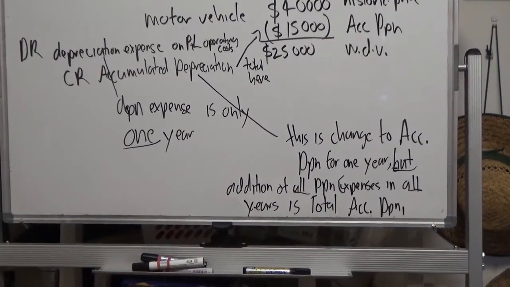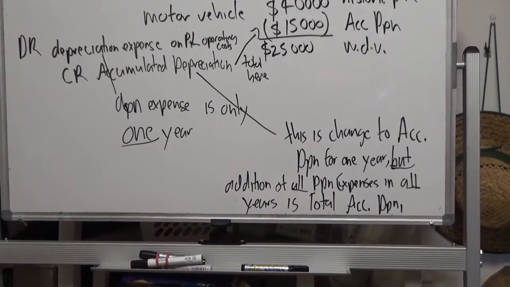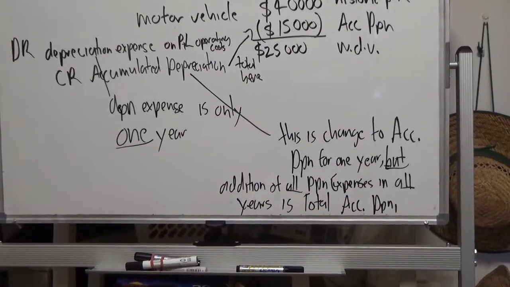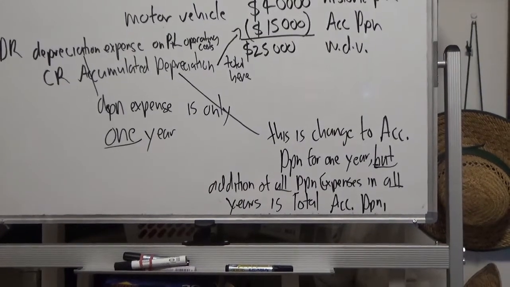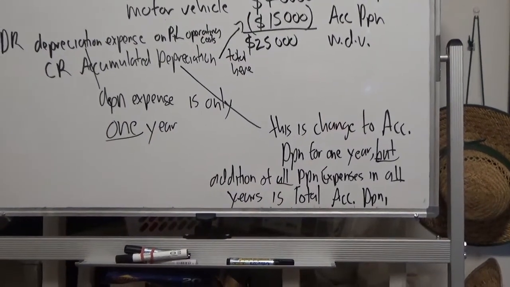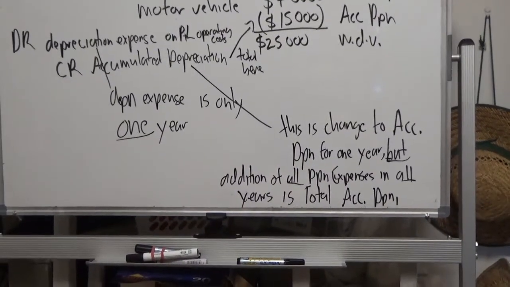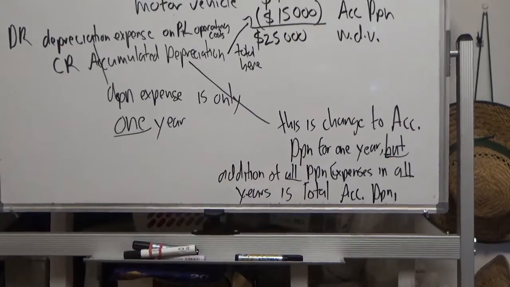Now each year you debit depreciation expense. Depreciation expense is a type of expense, debit, and you credit change accumulated depreciation. But that accumulated depreciation in that general journal entry isn't total accumulated depreciation just yet, it's only the change.